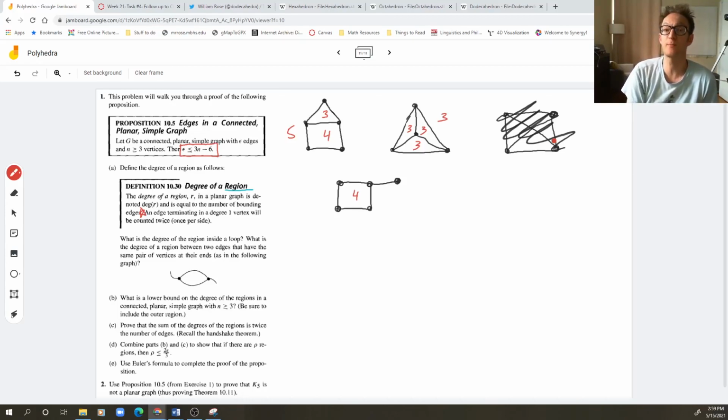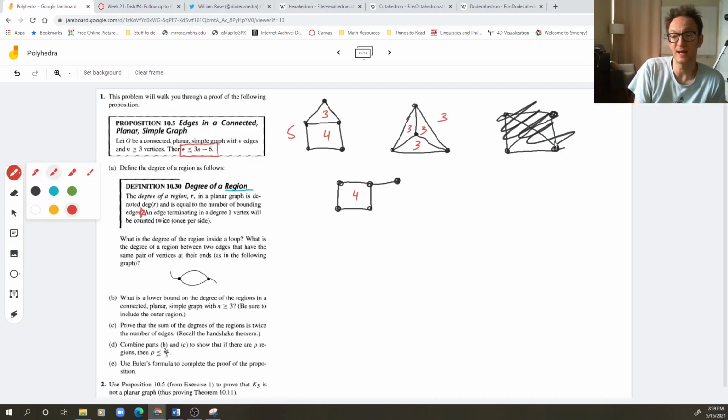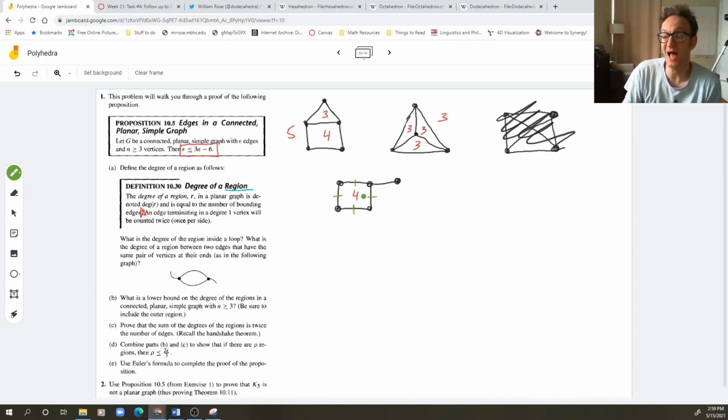So think of the boundary of a region as a sort of door from that region to another region, and on that interpretation, this region here has degree 4 because there are 4 ways out of this region. But this outside region, what is its degree? It's at least 4 because there are 4 ways out of this region into the other region. But then there's also this door, this edge, which takes you from the region back to itself. And so I want to count this door twice.